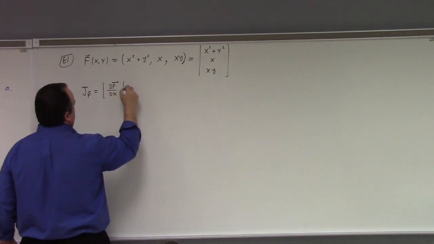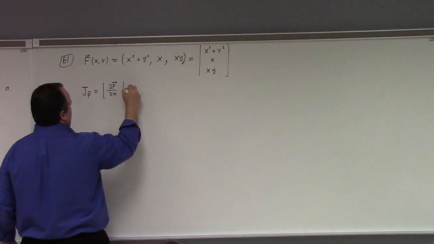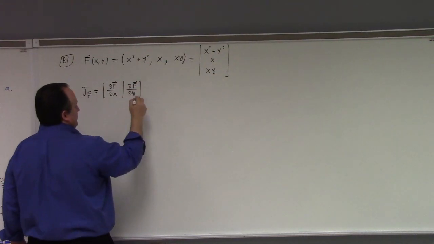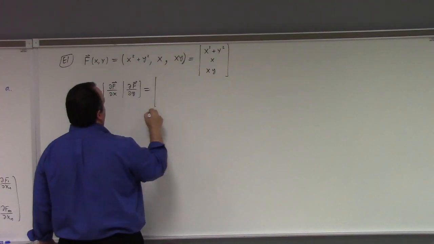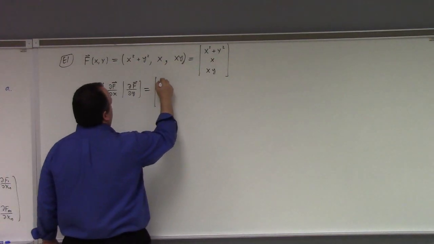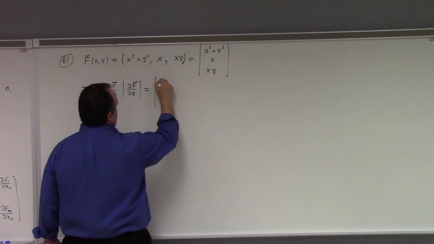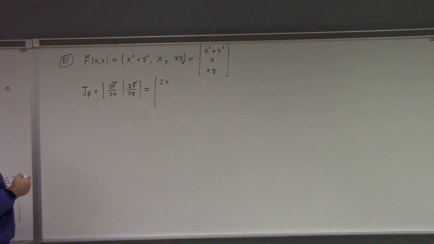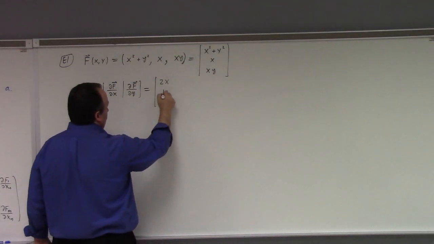All right, so what is that? Let's do the first column. First column's what? 2x, then what? 1. Very good.